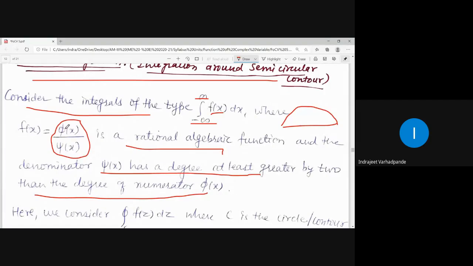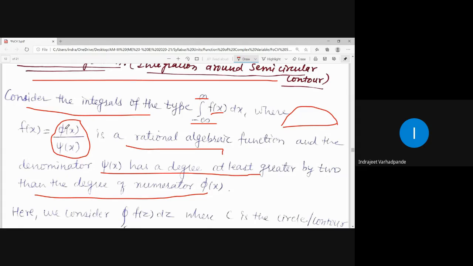Here the integration will appear in the form minus infinity to infinity f of x dx. I have no provision to solve a function of a complex variable in such a form. I have only the option that we have to convert this integrand into z anyhow and then try to apply the Cauchy residue theorem.